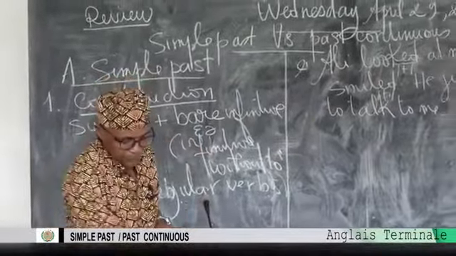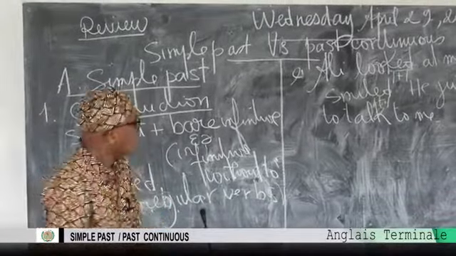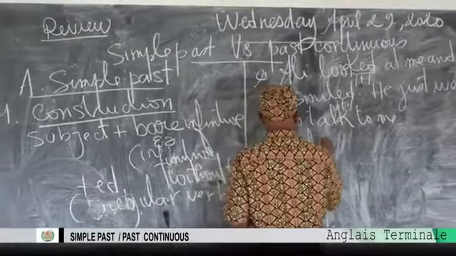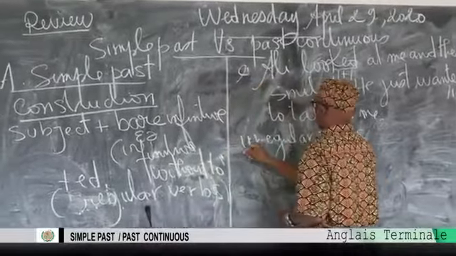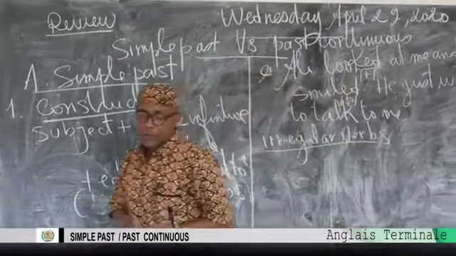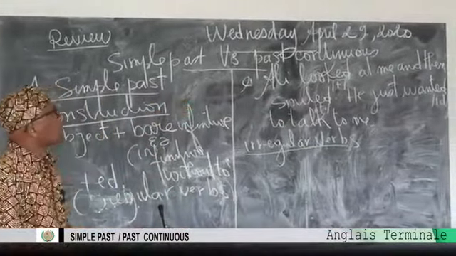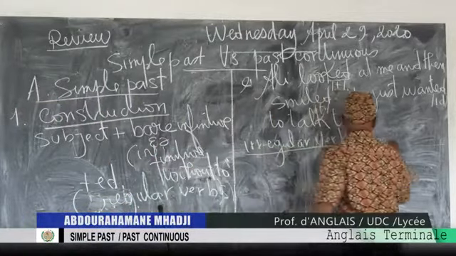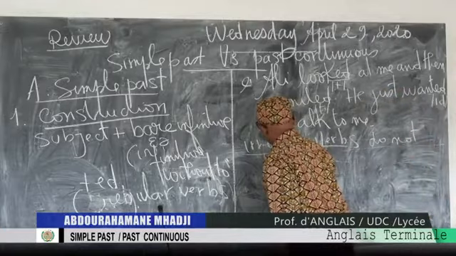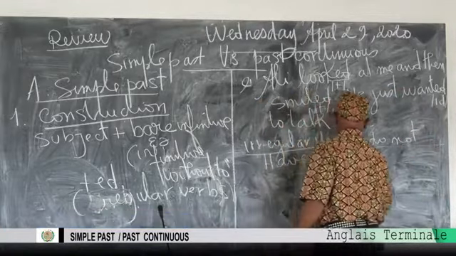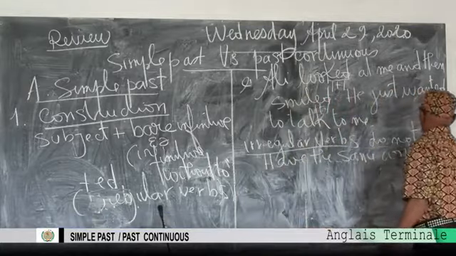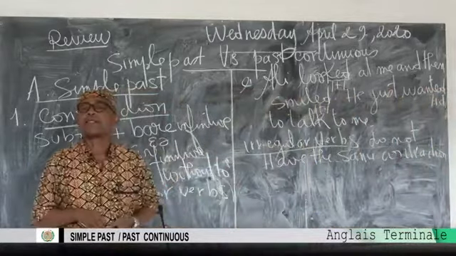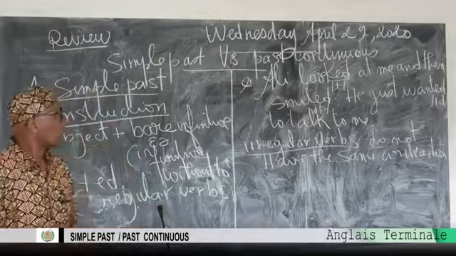But let's move on to the other category of verbs, called irregular verbs. Now, this category of verbs do not have the same construction. These are verbs that are to be memorized. They have to be learned by heart.